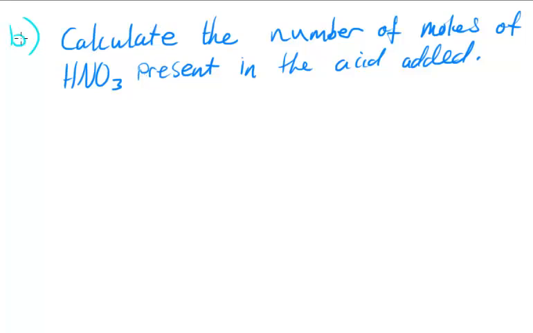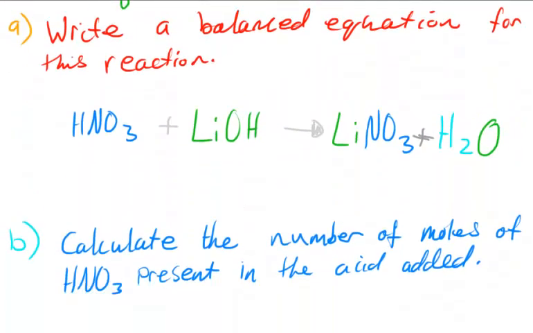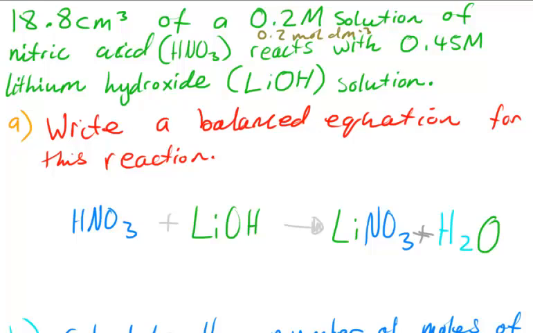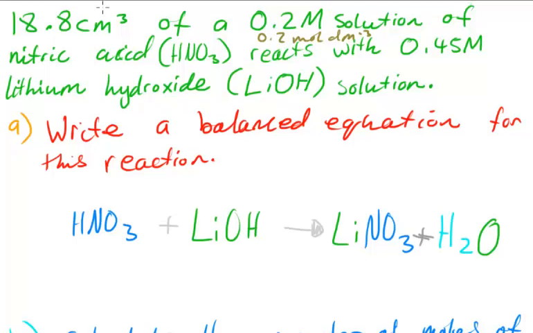And so the next question says, calculate the number of moles of HNO3 present in the acid added. To do this, we would need two values. We need the concentration and we'd need the volume.